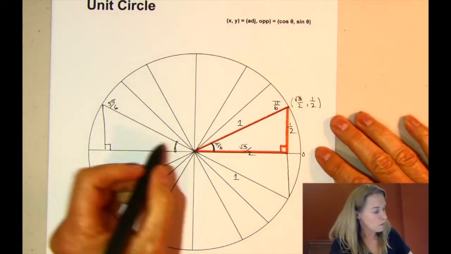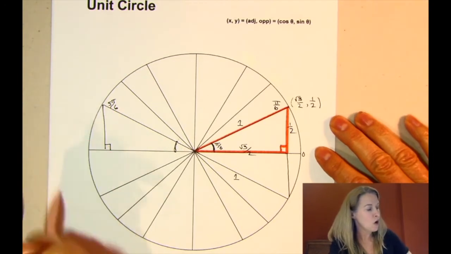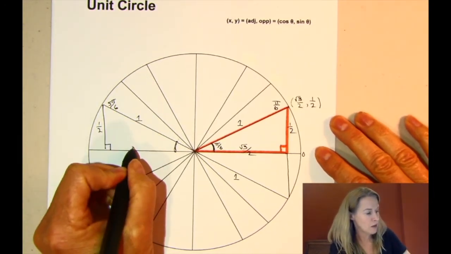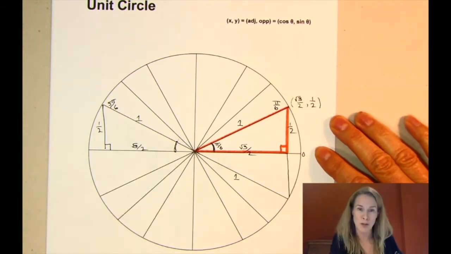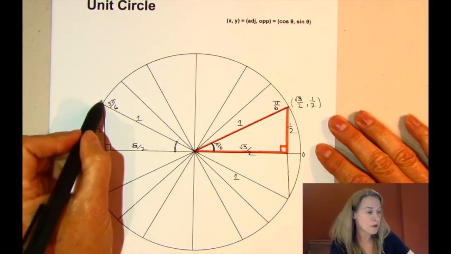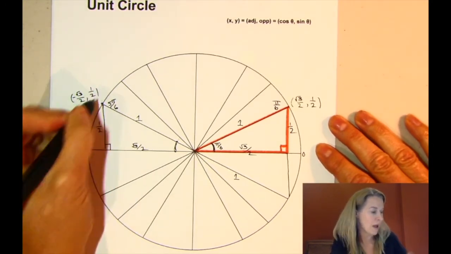And again, we've got a 30-degree angle in here, 60 degree and 90. Hopefully you recognize once again that this side is the 1/2 and this side is the root 3 over 2. So as we're naming the coordinates, it's backwards and up. So negative root 3 over 2 and positive 1/2.